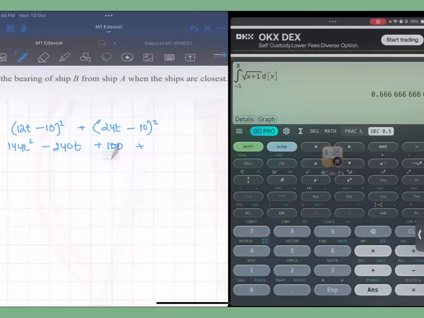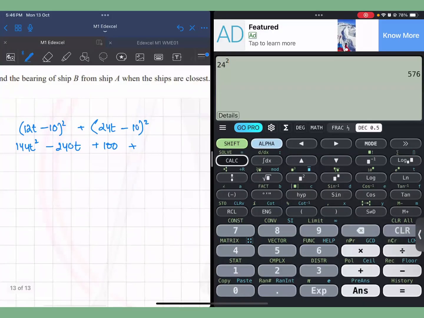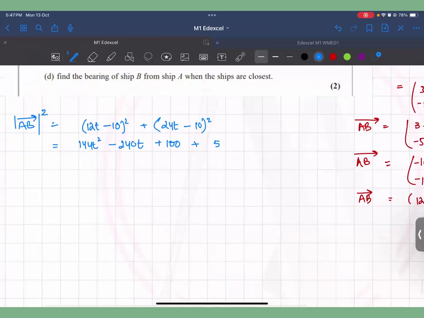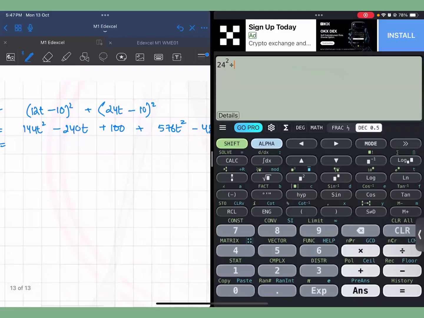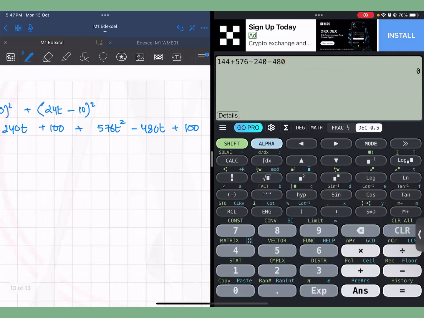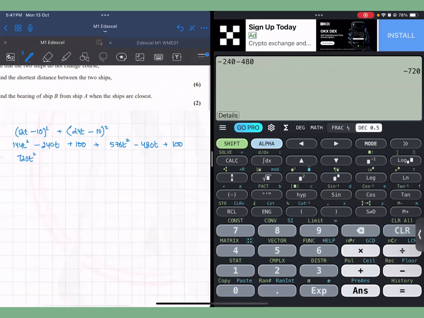I forgot it. 576t squared minus 480t plus 100. 144t squared plus 576t squared is 720t squared. Minus 240t minus 480t, so this is minus 720t, and 100 plus 100 is 200.